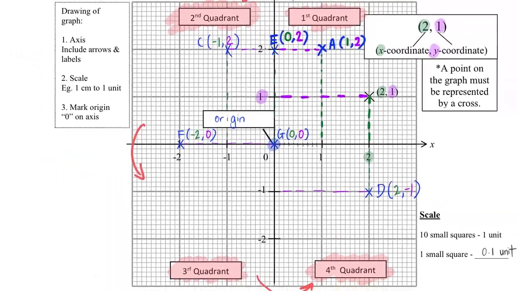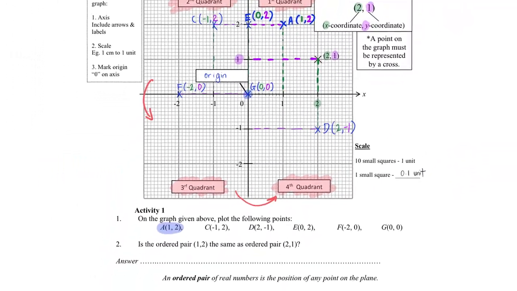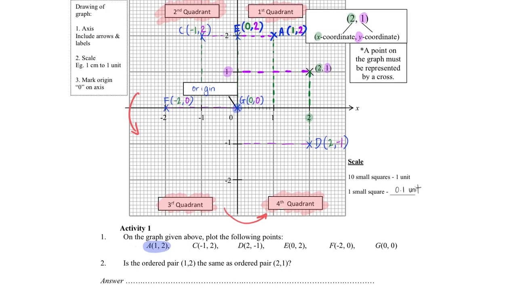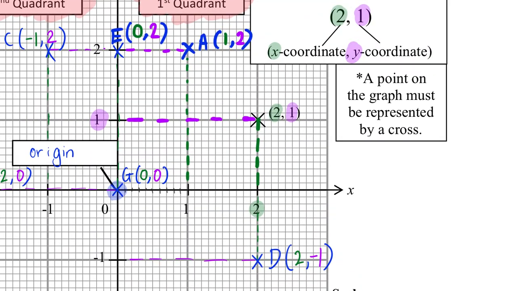Alright, and to answer the last question, is the ordered pair 1, 2 same as the ordered pair 2, 1? No, they are not, because we can actually see it very clearly in the diagram itself that they represent different points.